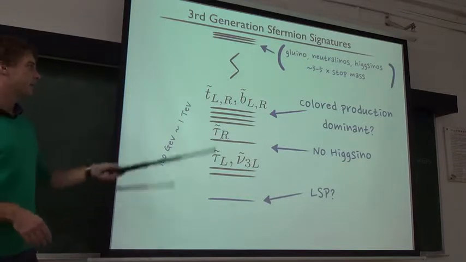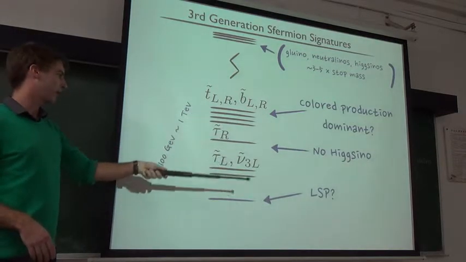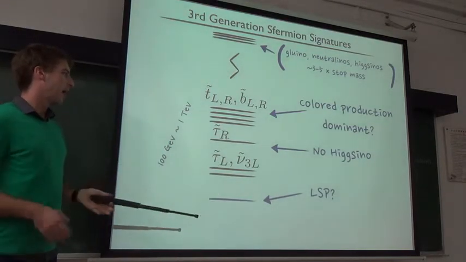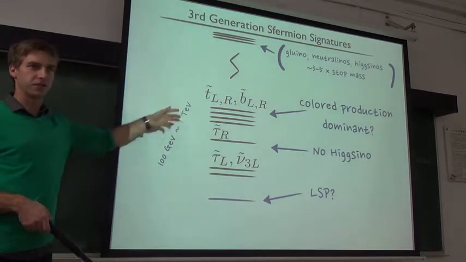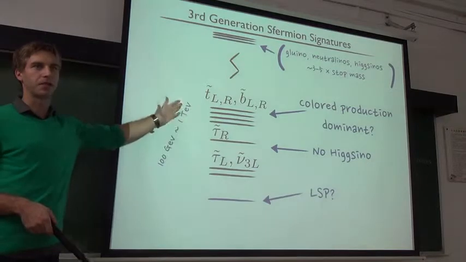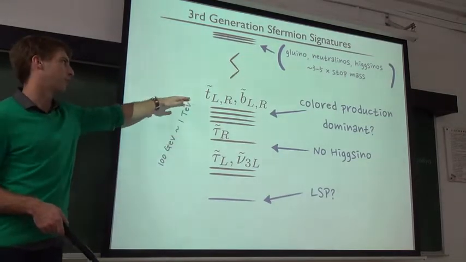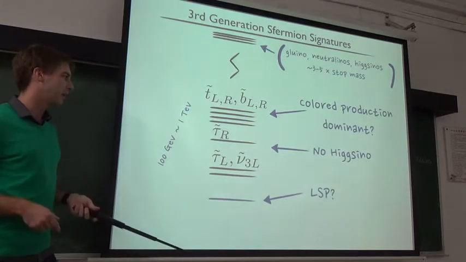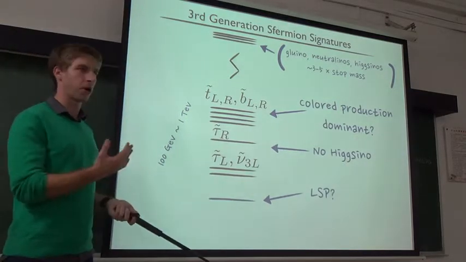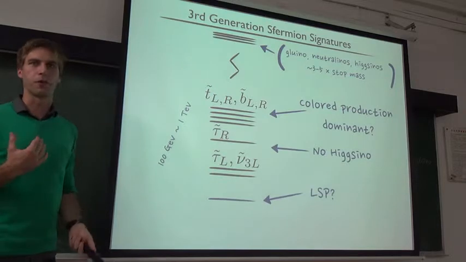And then they can decay to all the lighter states. In detail, what you look for depends on the ordering of the spectrum, because it depends what things this particle can decay to. And in particular, this model also has some interesting possibilities for what the lightest particle is that are a little bit different from the MSSM.